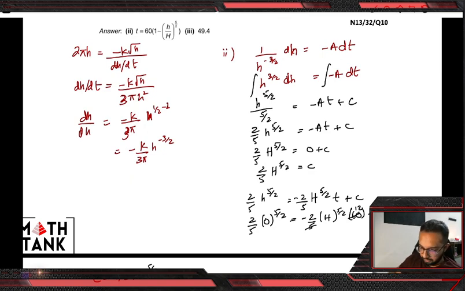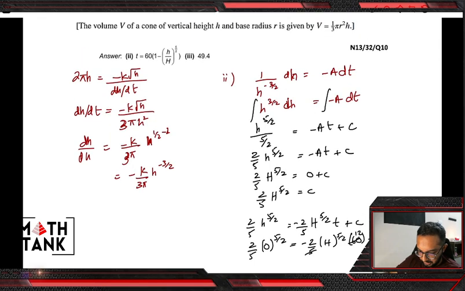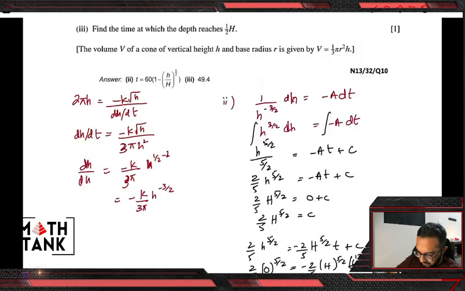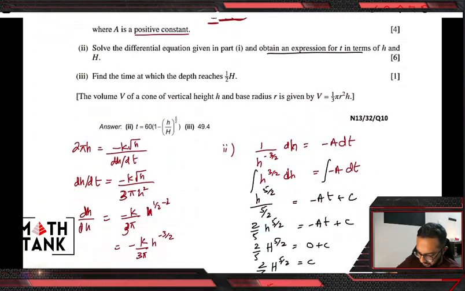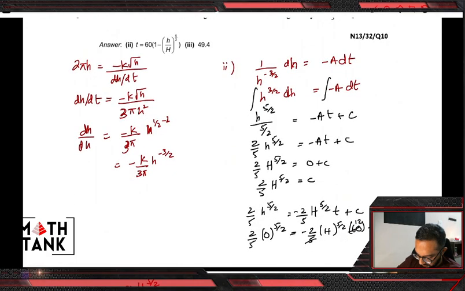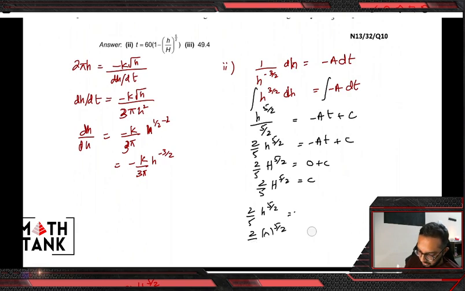I seem to have made multiple mistakes. Let me just go back and check. h power 5 over 2 divided by h power 5 over 2 minus At plus c. So when t equals 0, h equals capital H, which gives me this, c equals 2 over 5. Oh, my bad. I've done some very huge errors here. I didn't notice that. I've messed it up.